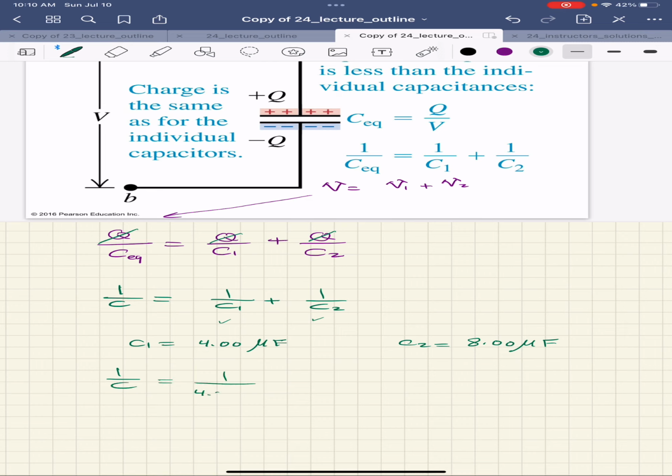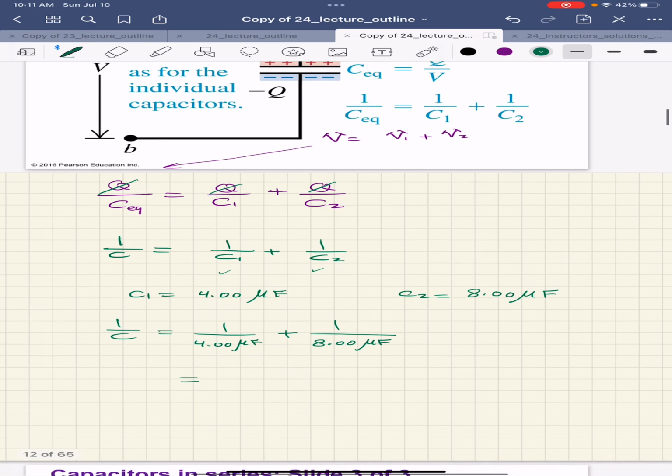So 1 over 4 microfarad plus 1 over 8 microfarad. I like to use decimals and add them. Sometimes you will realize the relation and then it's easier, but I want to have the general method. Then I will find 1 over 4, which is 0.25, plus 1 over 8, which is 0.125, and that is in microfarad to the minus 1.